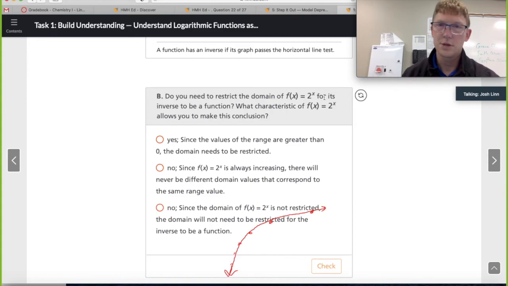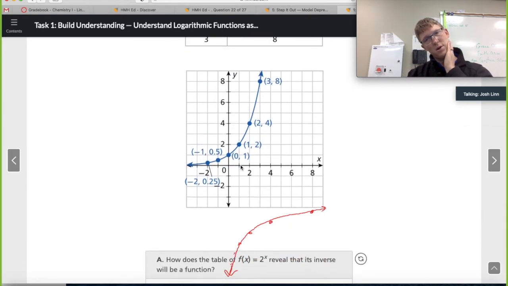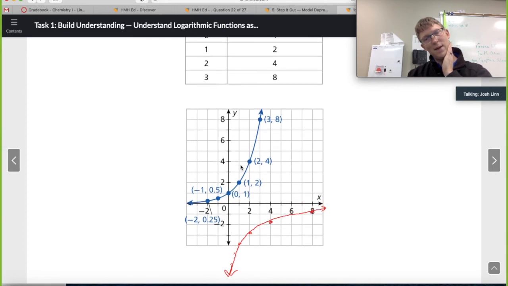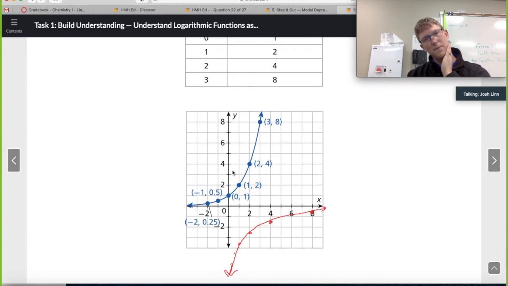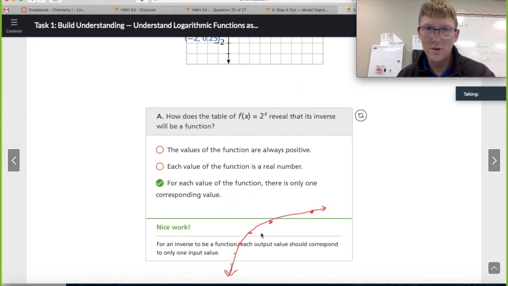Do you need to restrict the domain of f of x equals 2x for its inverse to be a function? So if we're thinking about that, are there any x values that would absolutely 100% not work? And I want to say no. Think of x equals 0. Yeah, no, that should be fine. Because it would eventually cross.